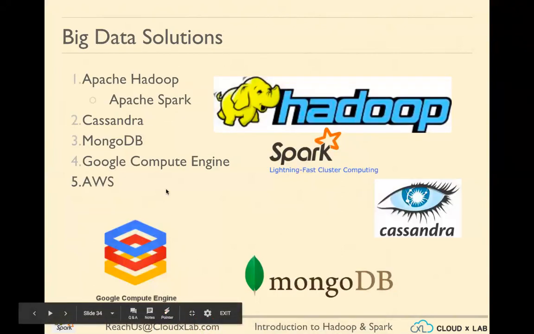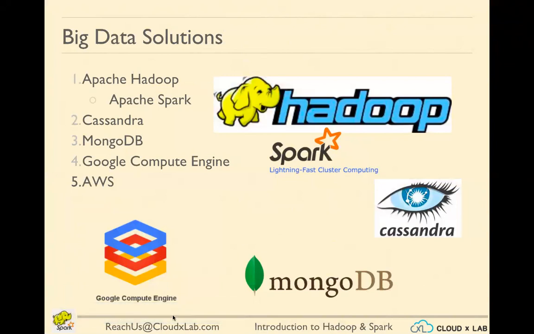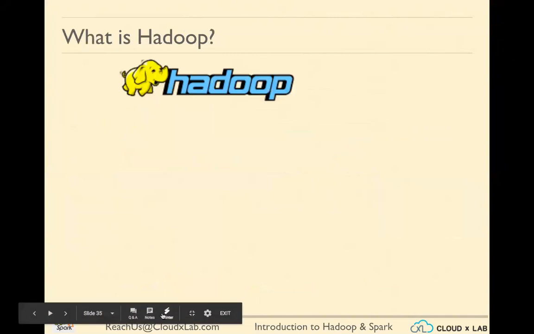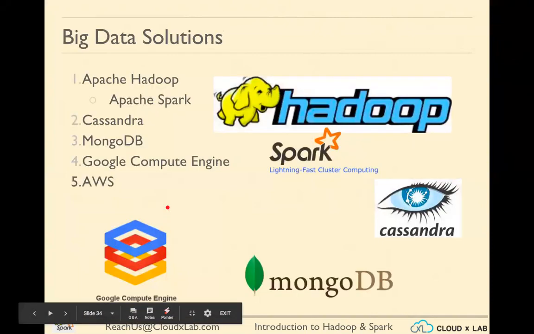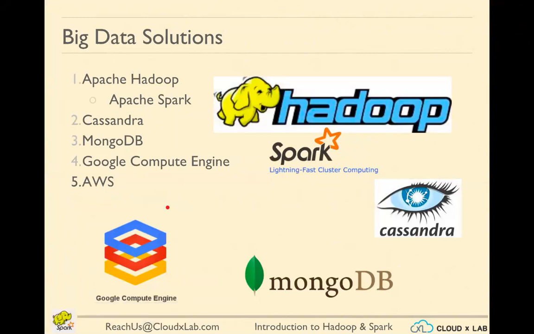A question is, what about R? R basically doesn't fit into the big data landscape, though there are versions of R which run on multiple computers, but it's not so production ready yet. There is a component of Spark called SparkR.